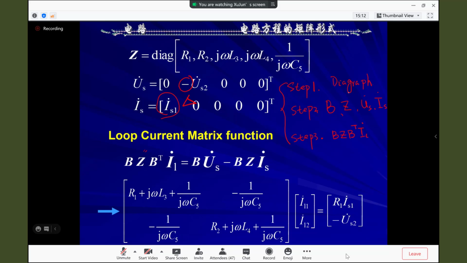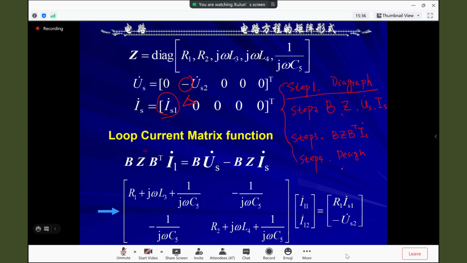And step 1 is always finished by teachers. You only need step 2 and step 3. For the calculation, step 4, actually we don't need you to calculate it because we always use a computer.